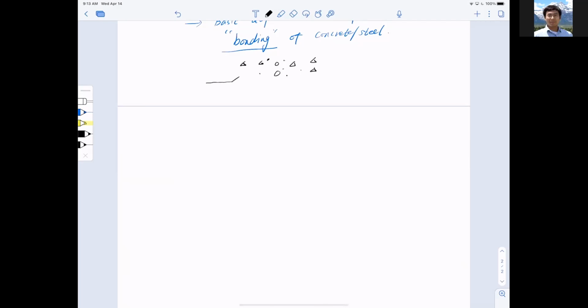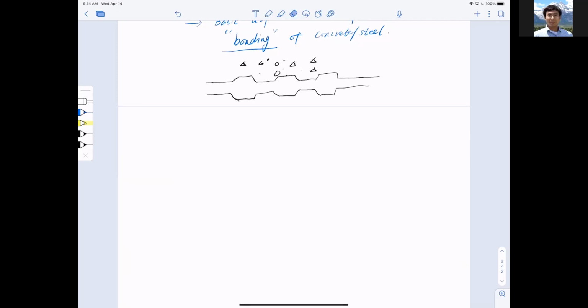You see, deformed bars have ribs like so, symmetric on both sides, and then going out.